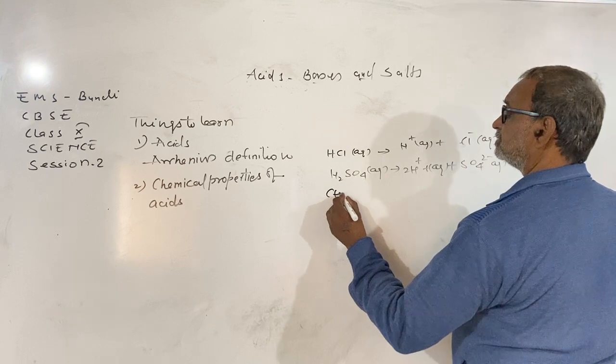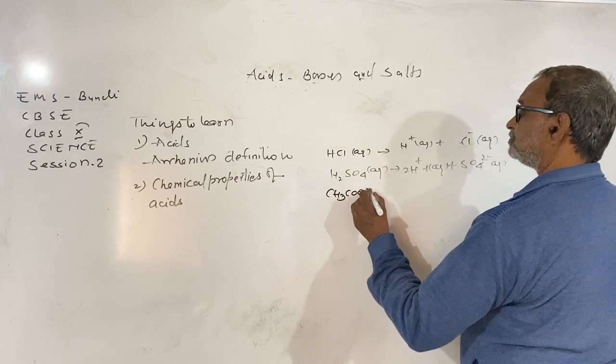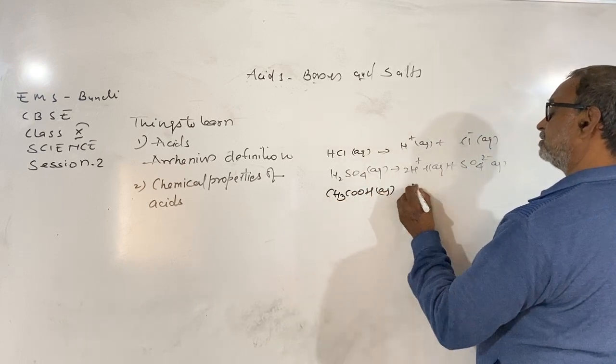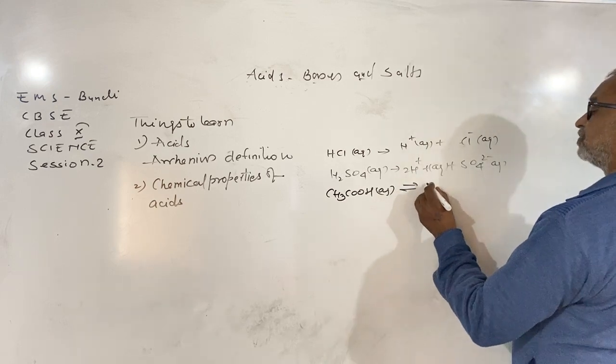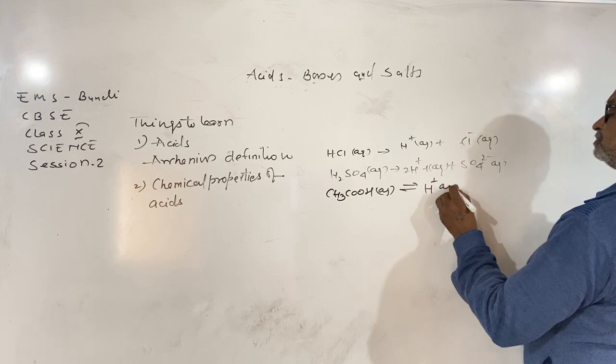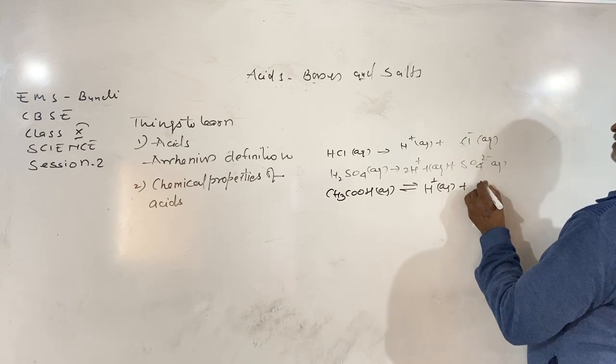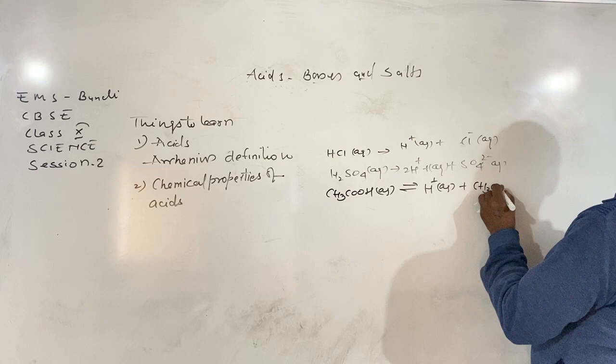Ethanoic acid in aqueous solution partially dissociates to produce hydrogen ions and acetate ions.